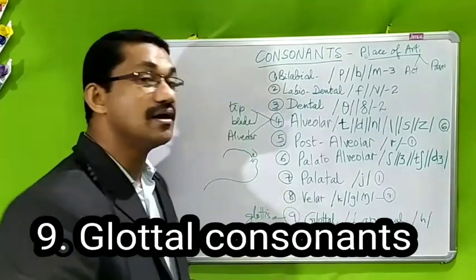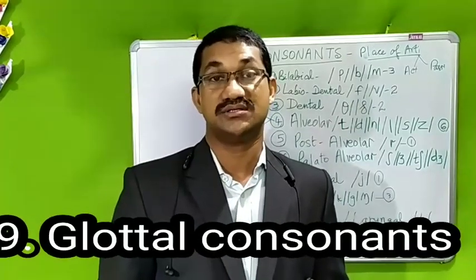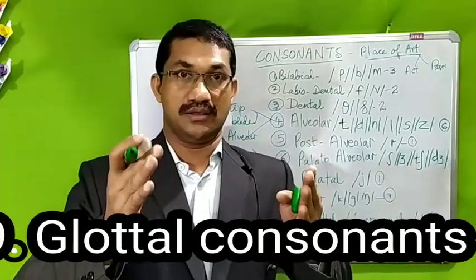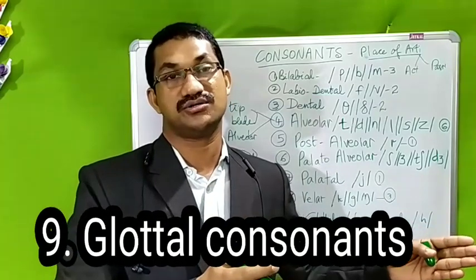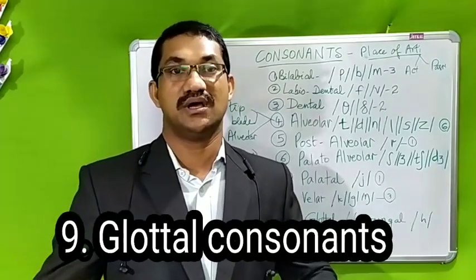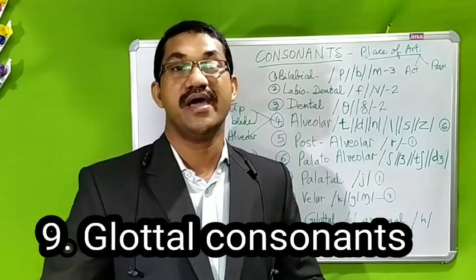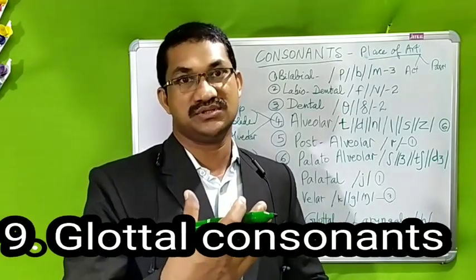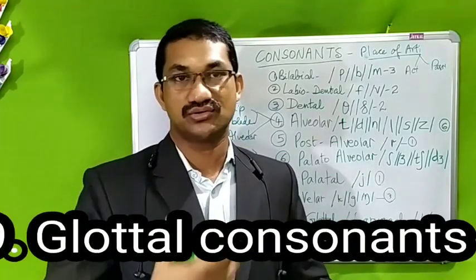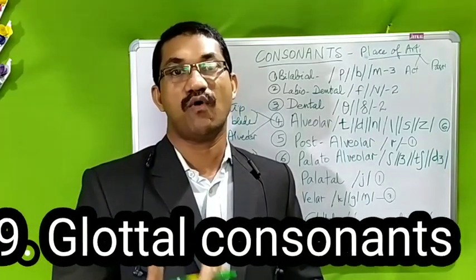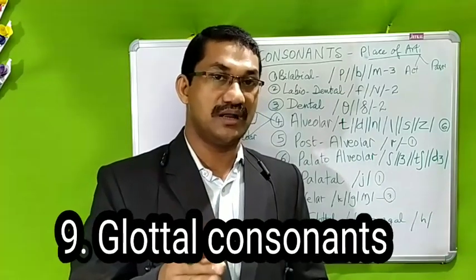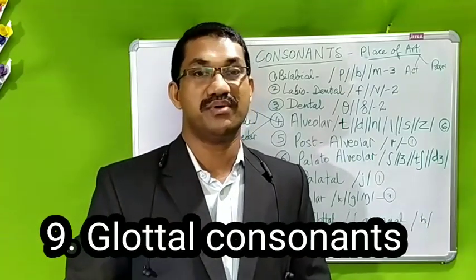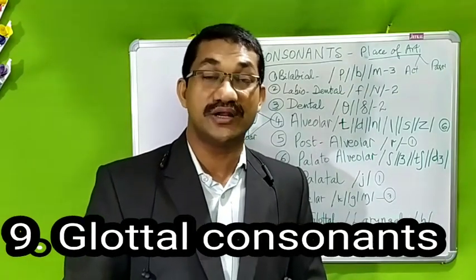Glottis is the gap between the vocal cords. We have the vocal cords on top of the windpipe. Air passes from mouth as well as the lungs through the gap between the vocal cords, and that glottis, that is the opening at the top of the windpipe or vocal cords, is glottis.